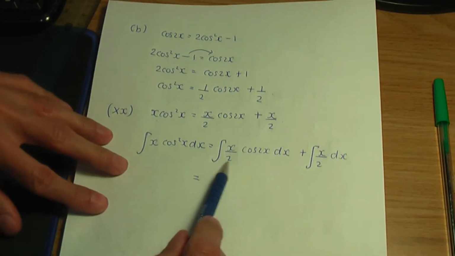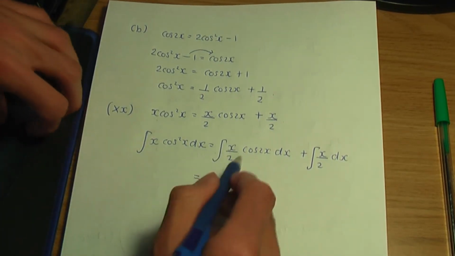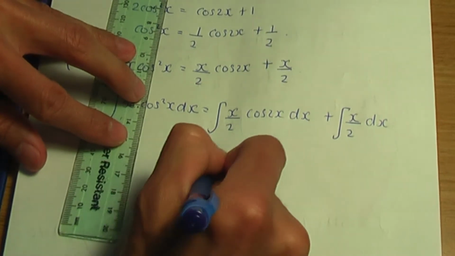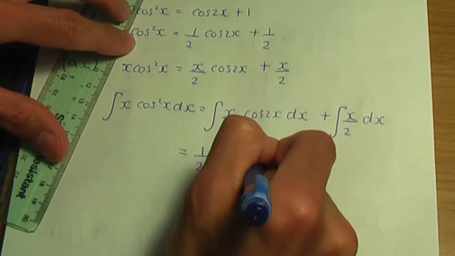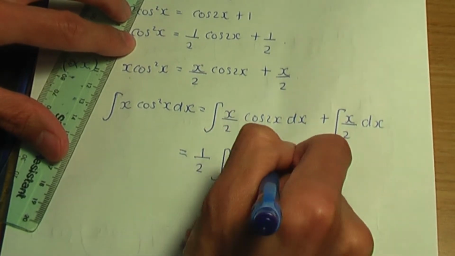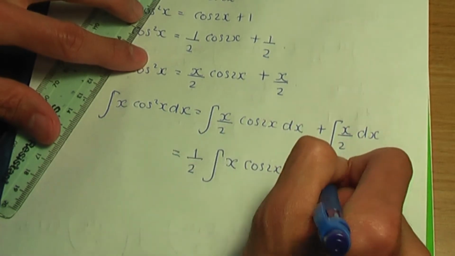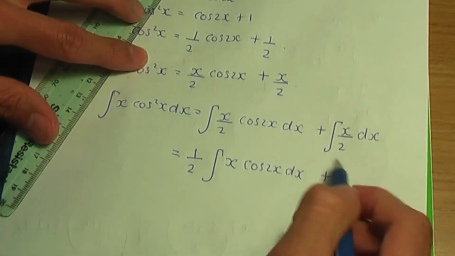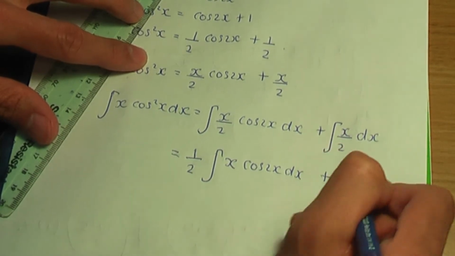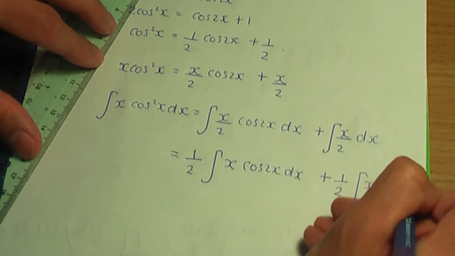Now let me take out a common factor of half from the first integral, leaving x cos 2x within it, plus, doing the same for the second integral, half times the integral of x with respect to x.